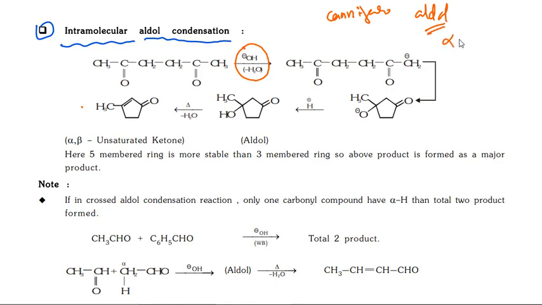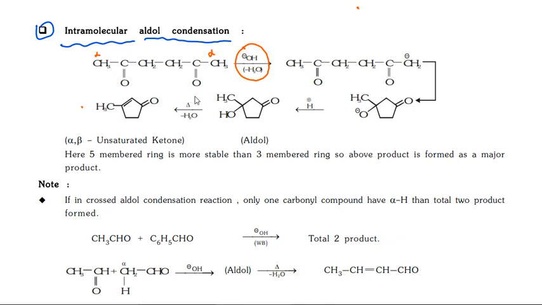If alpha hydrogen is there, it is aldol; if alpha hydrogen is not there, it is Cannizzaro. This is the main hint point. Now a basic medium is given, carbonyl is there, so alpha hydrogen is also there, so obviously aldol condensation.